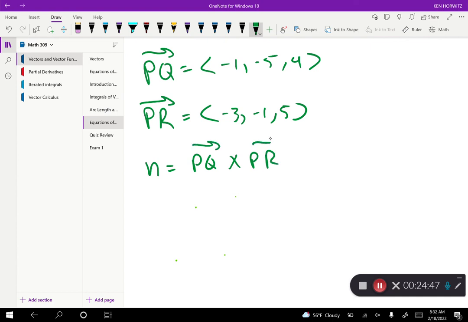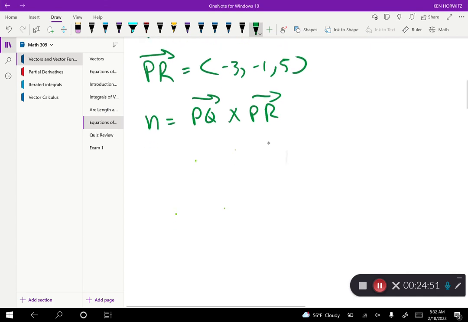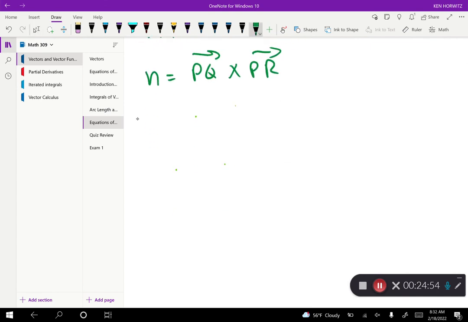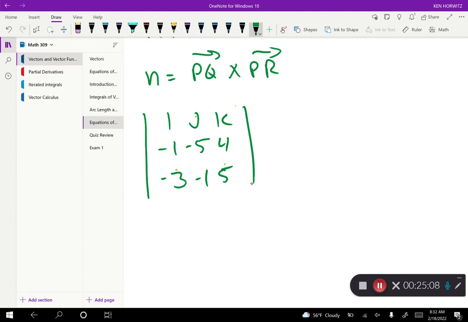So I'm going to set up my 3 by 3 determinant, which would be i, j, k, negative 1, negative 5, 4, negative 3, negative 1, 5.